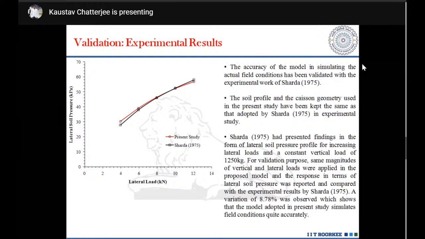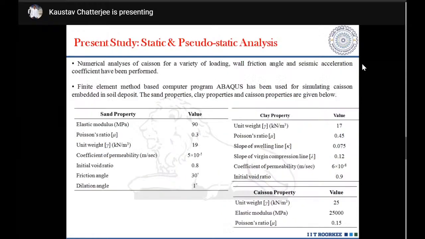Sharda varied the lateral load from 4 kilonewton to 12 kilonewton and observed the lateral soil pressure for a vertical load of around 1250 kg. For validation purposes, we have also taken the same loading, and we have also observed the lateral soil pressure, and a maximum variation of around 8.8% was observed, which is within acceptable limits.